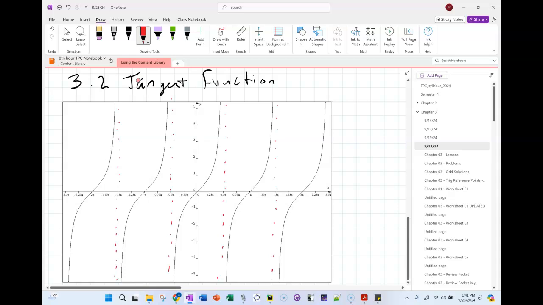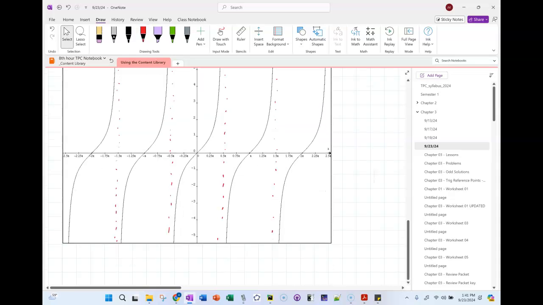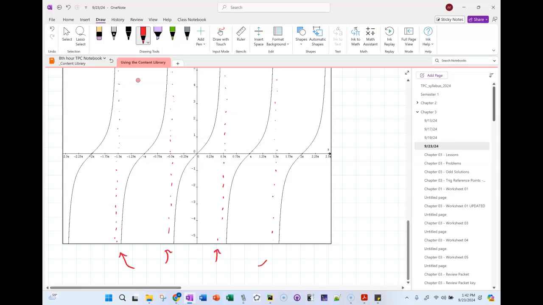You guys kind of see that? What are those vertical lines called? Do you remember from Algebra 2 what we call that type of vertical line that a graph can approach but doesn't cross? Yeah, because they're going up and down, we call them vertical. And when a graph approaches but doesn't cross it, that is an asymptote. Good memory.